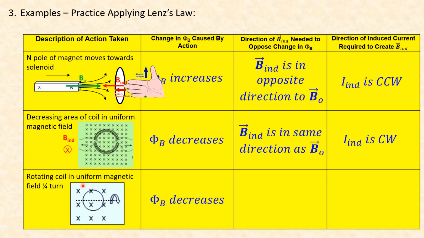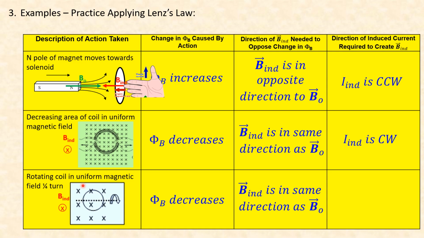In other words, the magnetic flux through the coil will decrease with that action. How will the system respond? According to Lenz's law, the induced magnetic field must be in the same direction as the original magnetic field to try to counteract that change in magnetic flux.